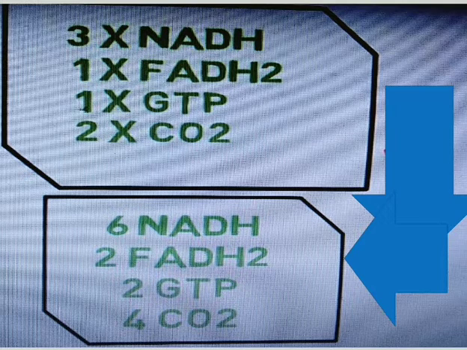So here is the thing: 3 NADH, 1 FADH2, 1 GTP, 2 carbon dioxide. But we know there are 2 pyruvate molecules, so the total is 6 NADH, 2 FADH2, 2 GTP and 4 carbon dioxide. 1 GTP produces 1 ATP, so it is equivalent to ATP. 2 carbon dioxide are released per cycle, that's why the 6 carbon compound is converted into the 4 carbon compound.